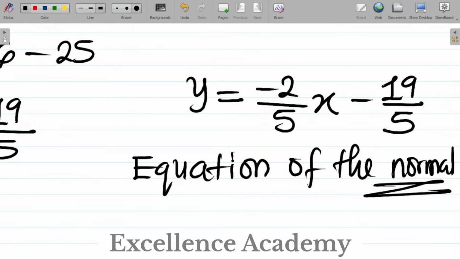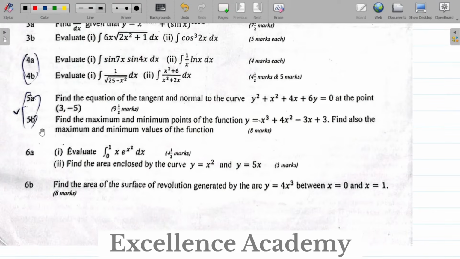Let's look at yet another question, question 5b. The question says, find the maximum and minimum points of the function y equal to minus x cubed plus 4x squared minus 3x plus 3.